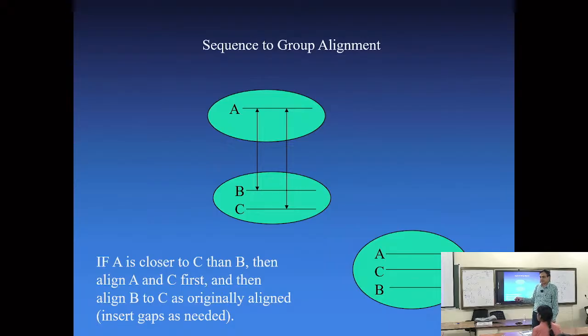This was already done. So I will bring B and will align it as was originally aligned. So I know which residues are aligned between these two. Okay. So I will align accordingly, but I may have to insert gaps to align them because A and C were aligned. So the only thing that you have to do is to make sure that these residues are aligned in the same order as they were originally aligned, insert gaps to make this happen.